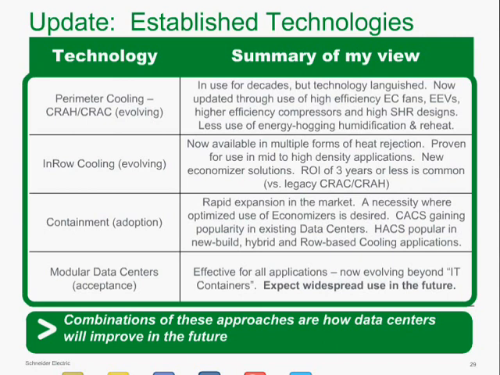It's pretty efficient from a first cost perspective, and you get an immediate payback. So that's a nice one to look at. And then also modular data centers. Containerized systems are really becoming more accepted in the industry, and I think these four areas are the biggest areas of opportunity for cooling right now.